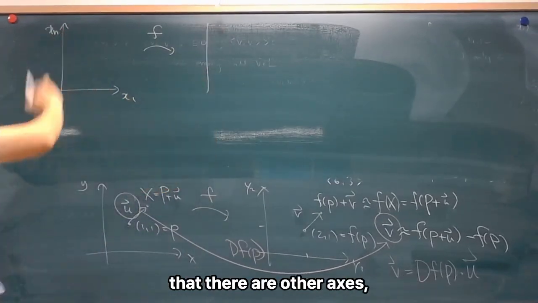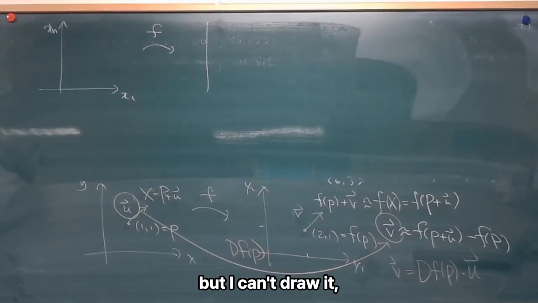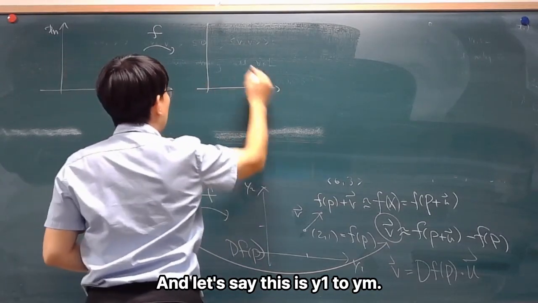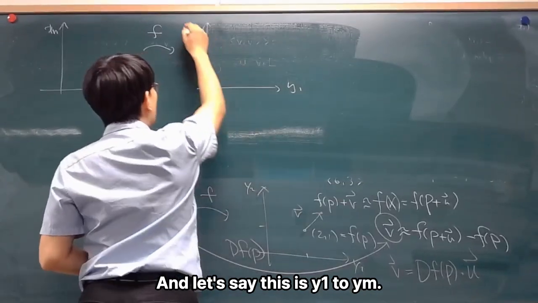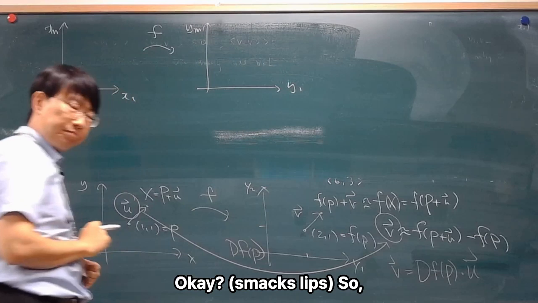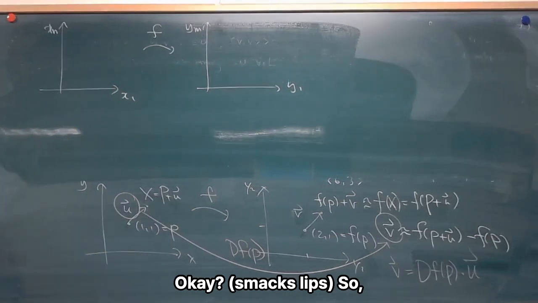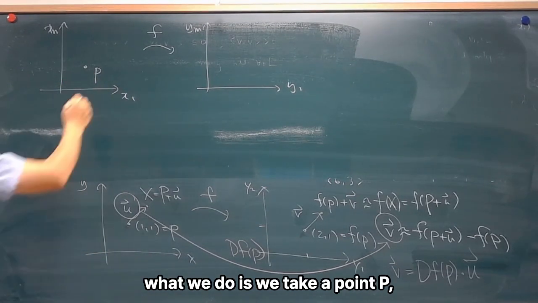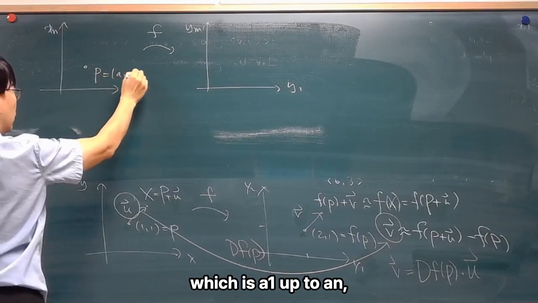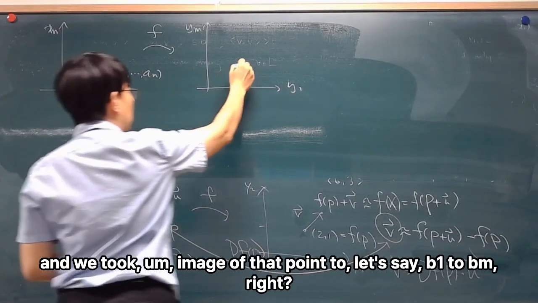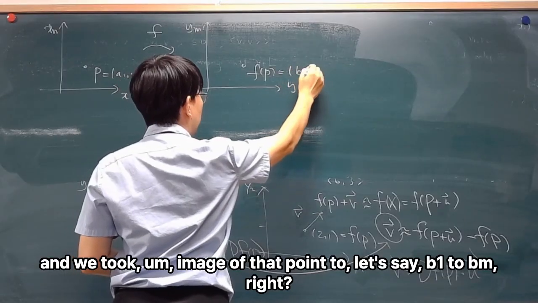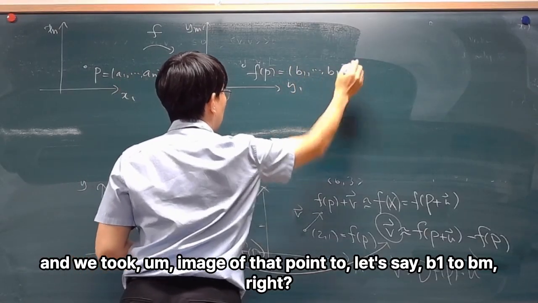I'm assuming that there are other x's, but I can't draw them, so I just drew the first and last coordinates. And let's say this is y1 to ym. So we take a point P, which is (a1, ..., an), and we take the image of that point to, let's say, (b1, ..., bm), right?